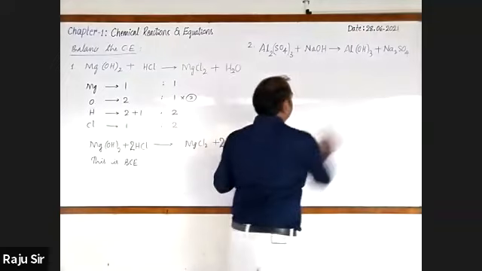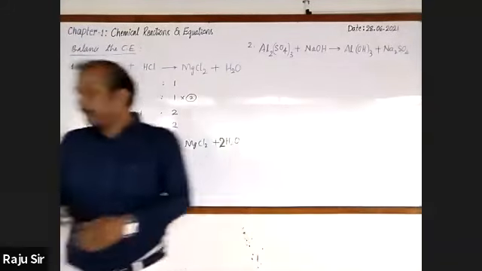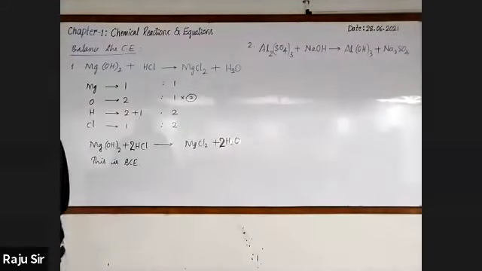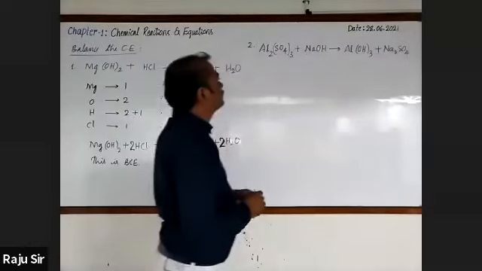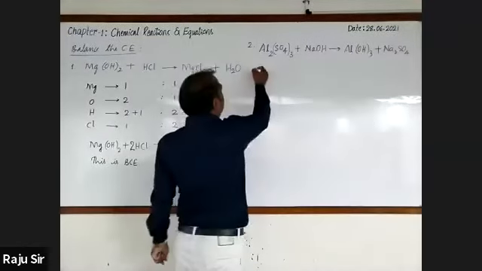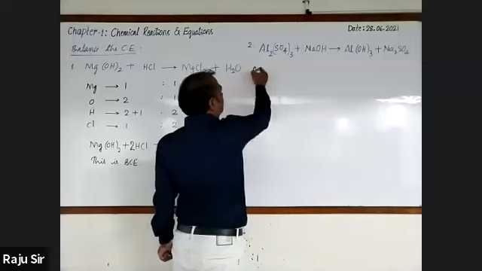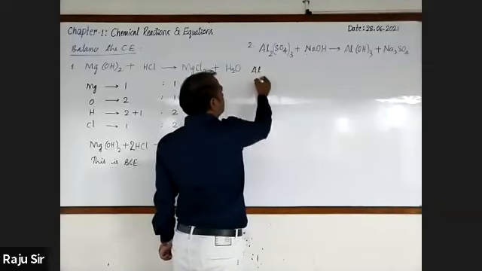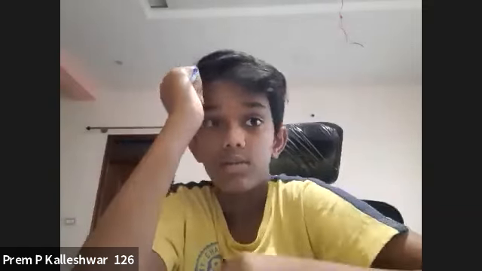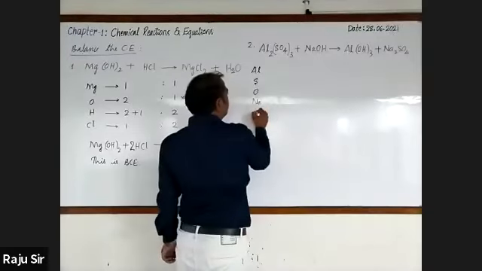Now let's go for balancing the chemical equation. Here, I'll write the elements involved: aluminium, sulfur, oxygen, sodium, and hydrogen.